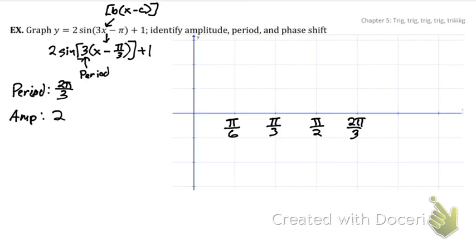Amplitude is just 2. It is going to go right pi over 3 units, and it's going to go up 1 unit. So 2 is our amplitude. This tells us to go right, and that plus 1 tells us to go up.